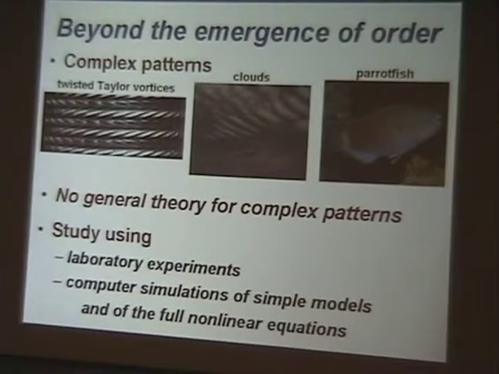So in the absence of fundamental theory, we are exploring, and many people are exploring, the behavior of systems by doing laboratory experiments and by examining simple mathematical models on a computer, or sometimes more complex models, the full equations.